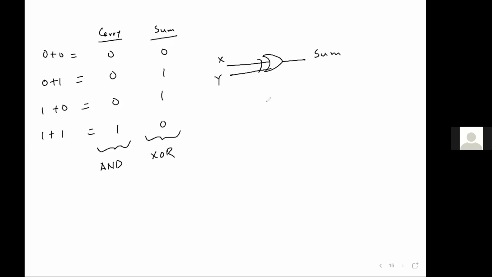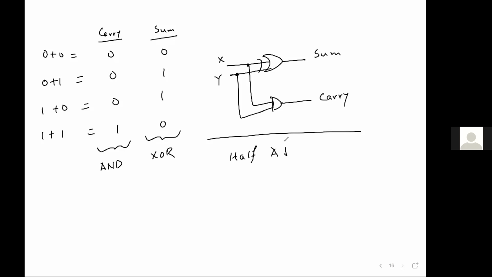With this, you need to go for an AND gate. If you go for an AND gate, this is your carry. Just take the two inputs from here. Whenever you take inputs, make sure you put a dot. You already know from DLD. All right. So this is your half adder, isn't it? Yes, sir.